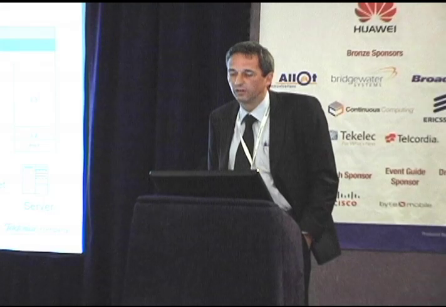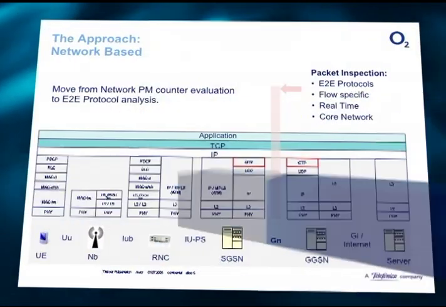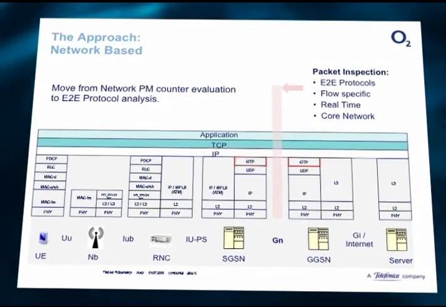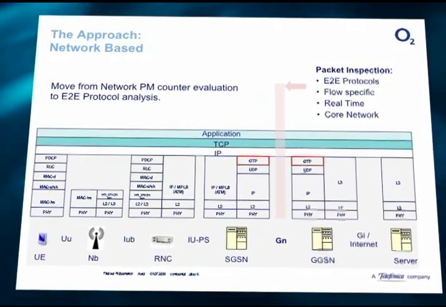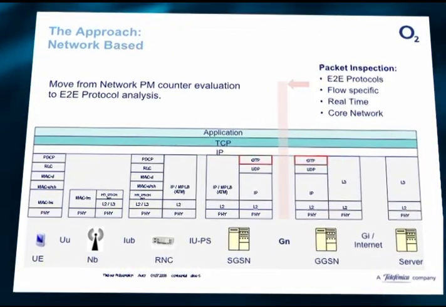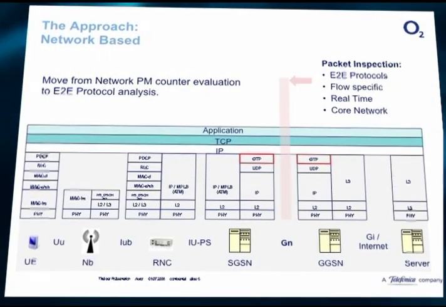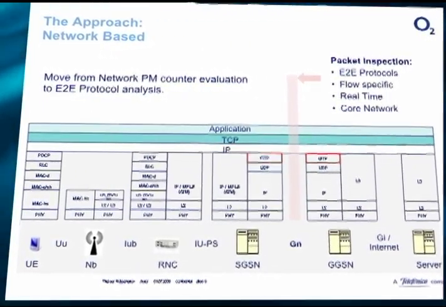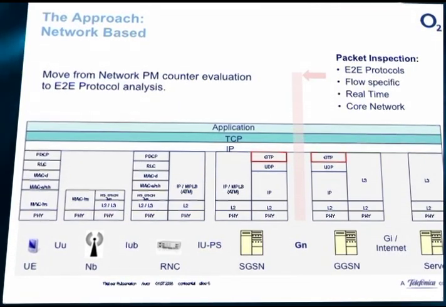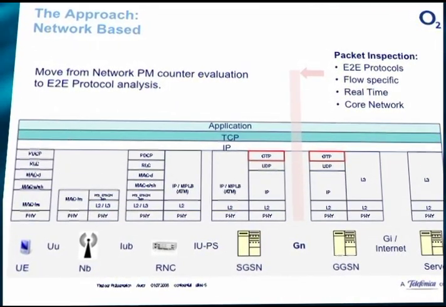So where to look at and which data are most useful to face this challenge? Clearly, we have to move up from the network-based protocols, which very detailed show the quality provided at the different parts of the network, up to the end-to-end protocols if we want to measure end-to-end quality.